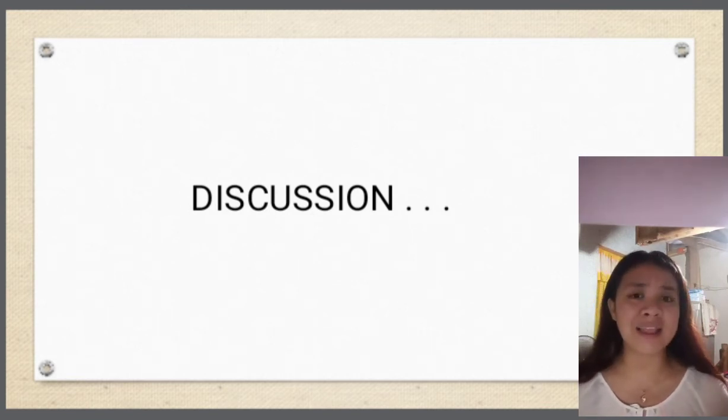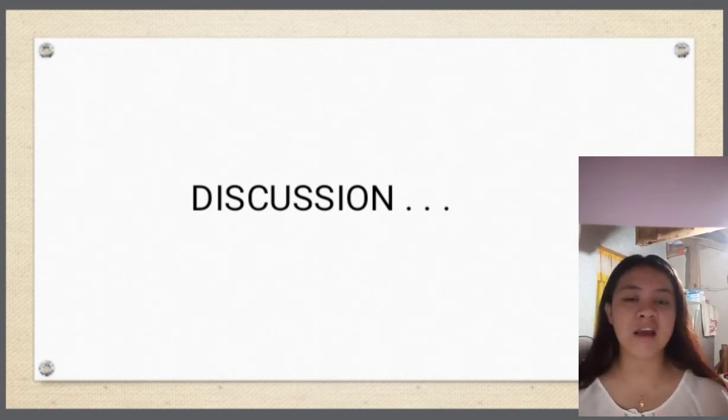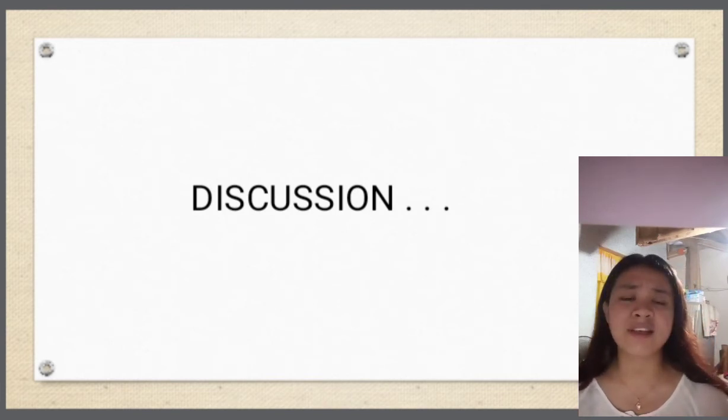And there are at least 3 levels or layers of context: the co-text, that is the surrounding text; the context of situation, that is the situation in which the text is used; and the context of culture, which is the culturally significant features of the situation.